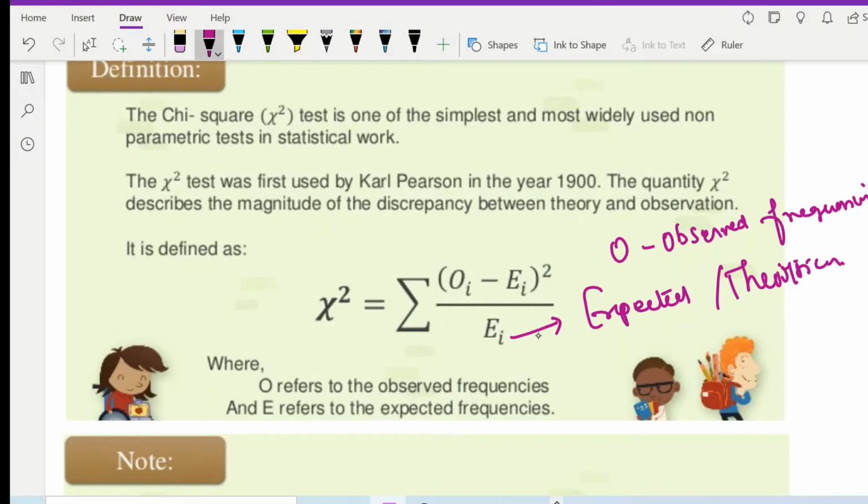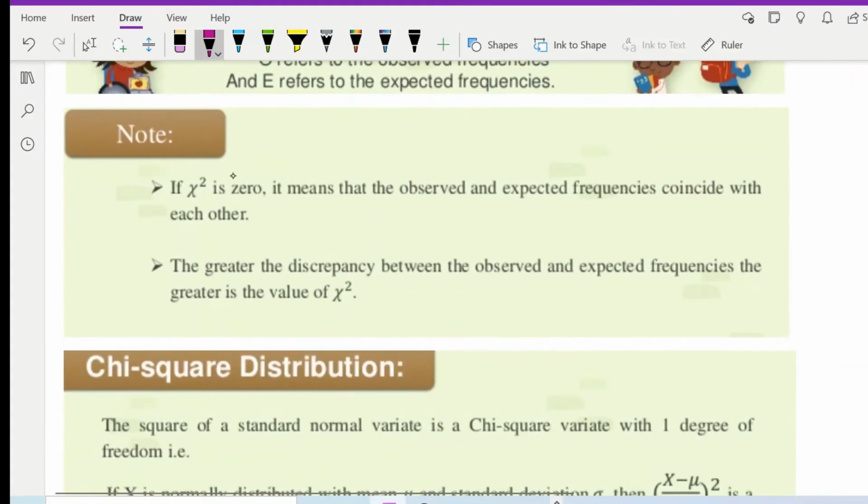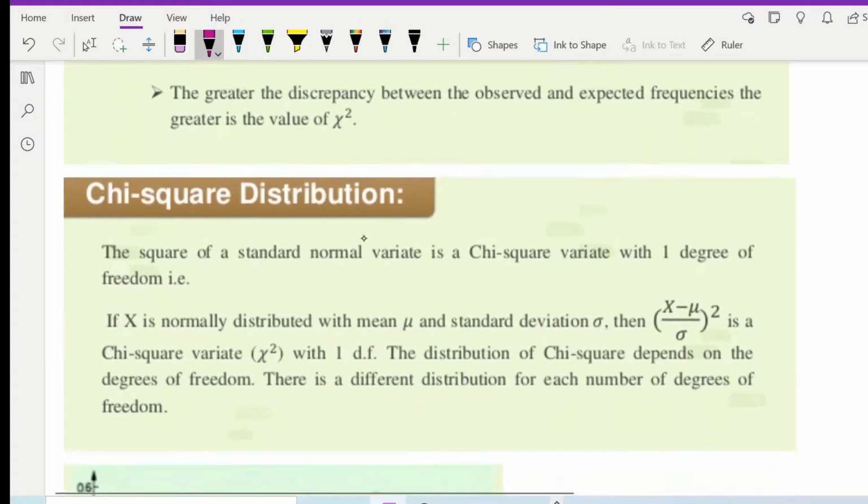So the calculated test statistic value of chi-square describes the magnitude of the discrepancy between theoretical and observed frequencies. If chi-square is 0, it means that the observed and expected frequencies coincide with each other. The greater the discrepancy between the observed and expected frequencies, the greater the value of chi-square.